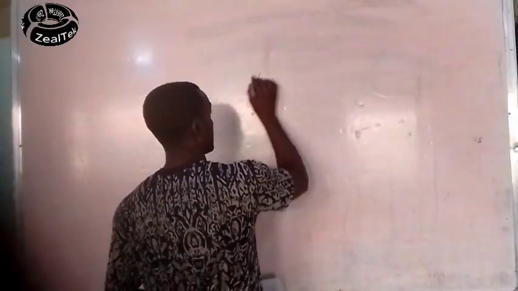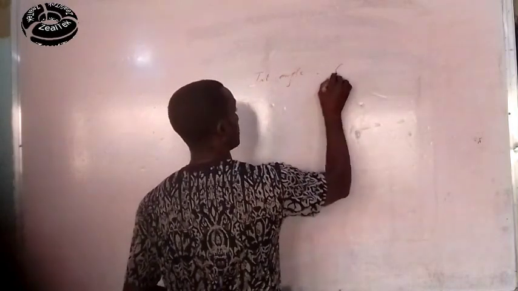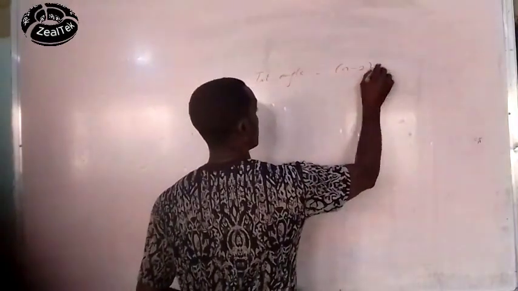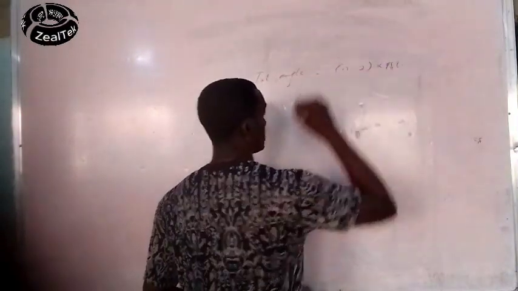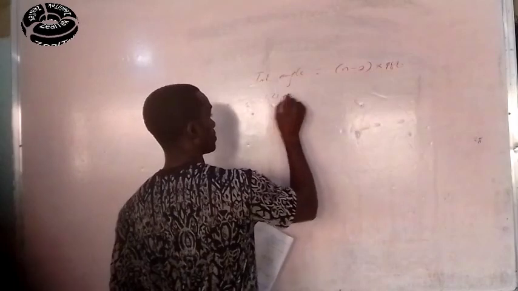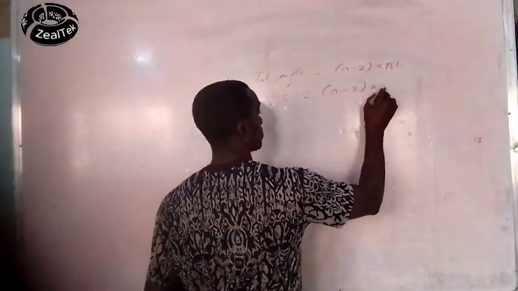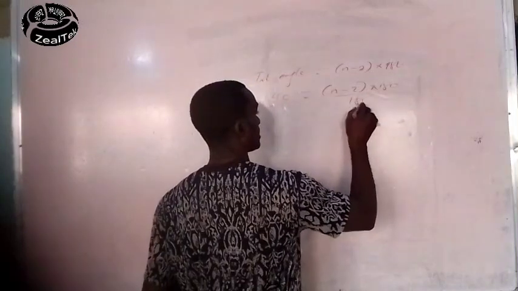We know the formula that the sum of the internal angles of a polygon is normally given by (n minus 2) multiplied by 180. Total internal angle has been given as 540, which equals (n minus 2) times 180. Divide both sides by 180.